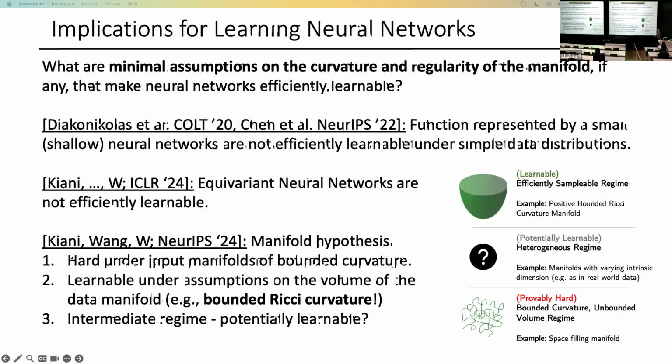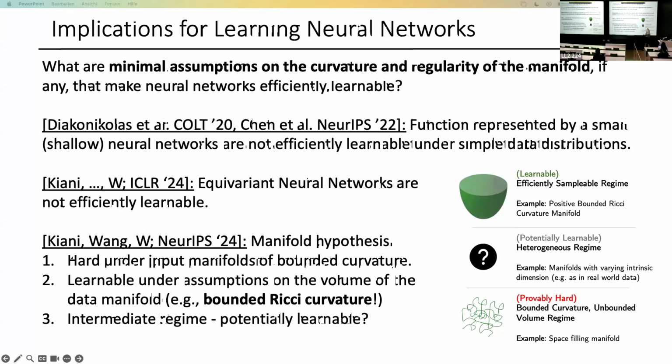There we were able to show that just encoding symmetries as an inductive bias in your architectures does not make the network efficiently trainable. So that is not a strong enough inductive bias. In more recent work, we took a closer look at the geometry of the data manifold. Are there any geometric properties of the data manifold that make neural networks efficiently learnable?